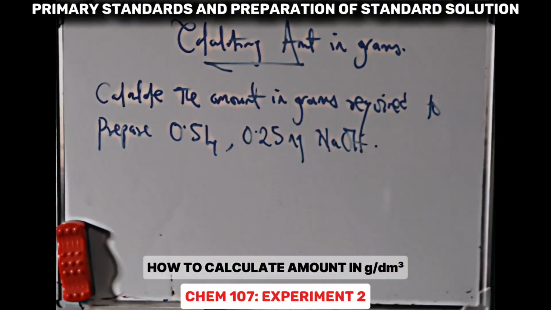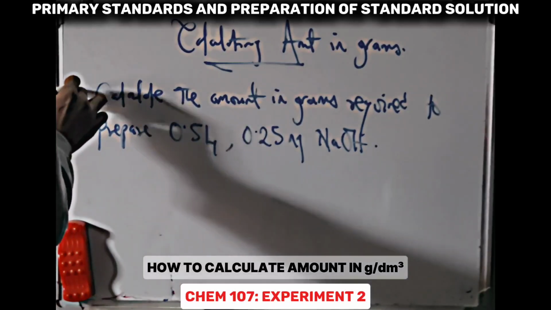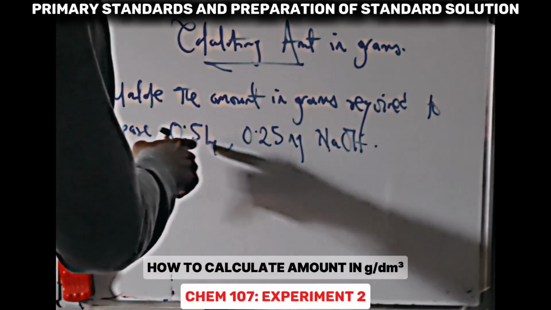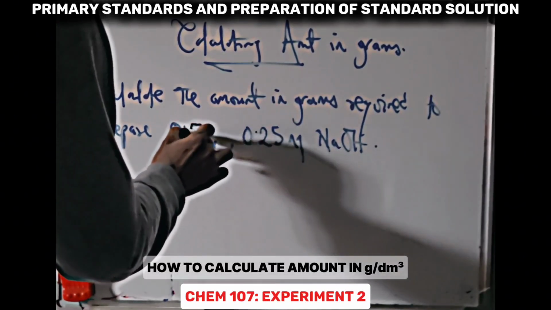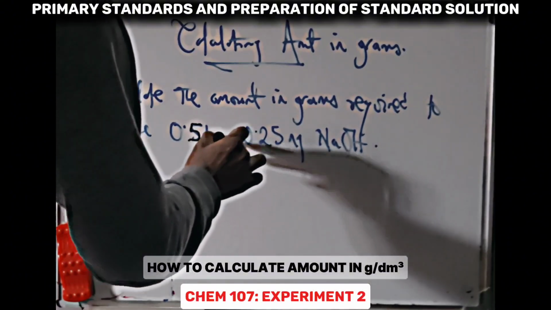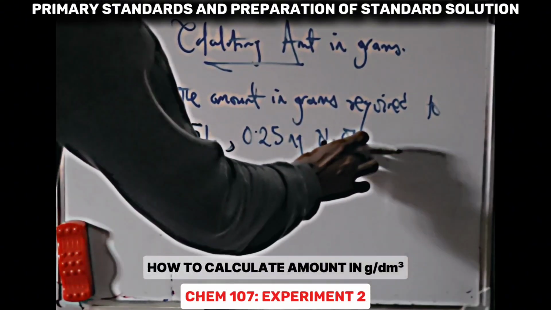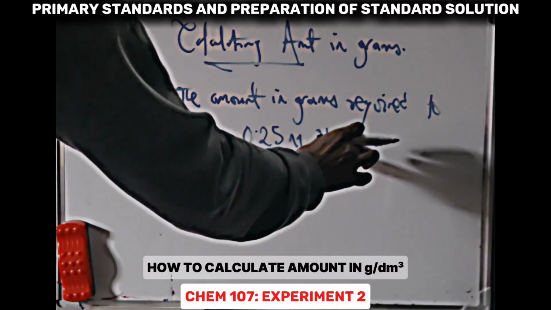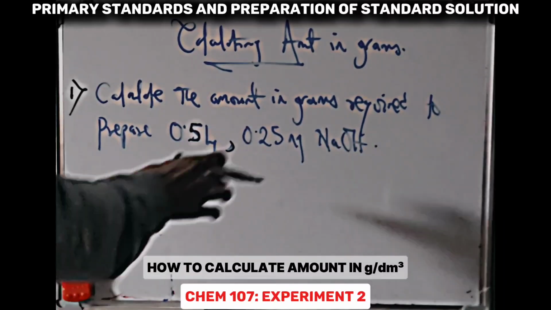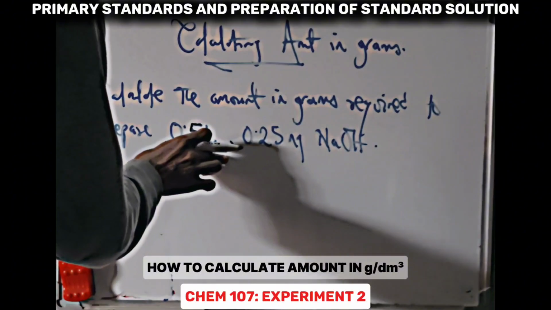So the question says calculate the amount in grams required to prepare 0.5 liters of 0.25 molar. This is the concentration, this is the volume, and this is the substance you want to prepare. You want to calculate the amount in grams required to prepare this concentration in this volume.